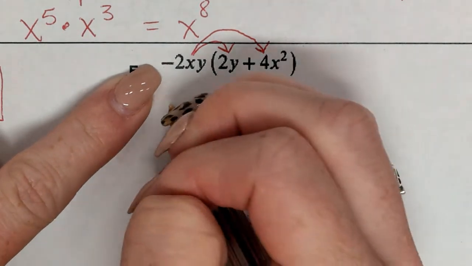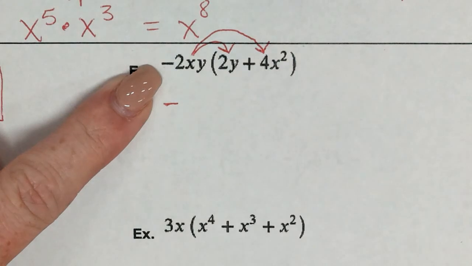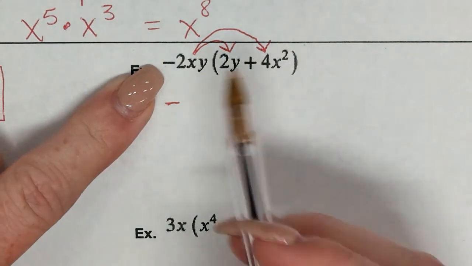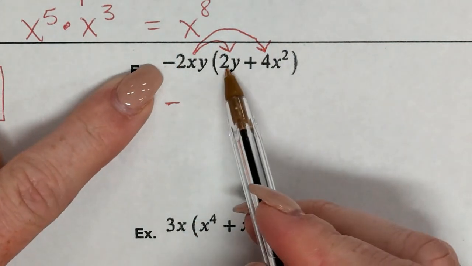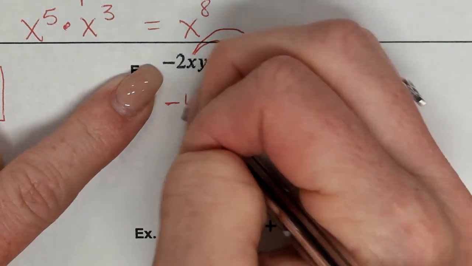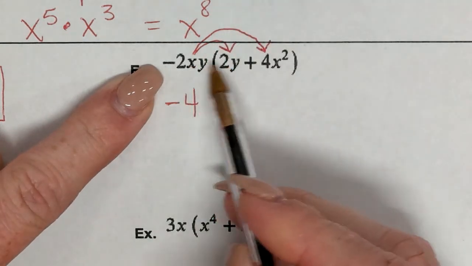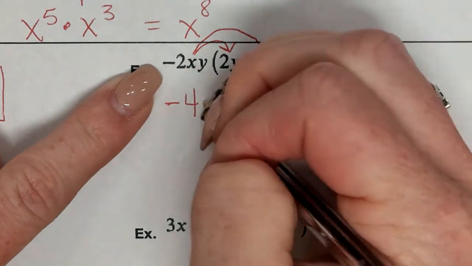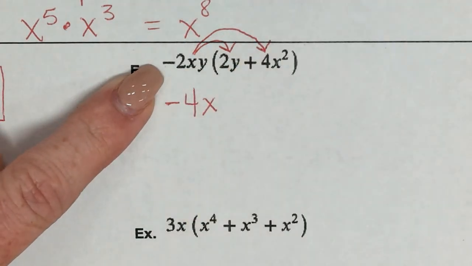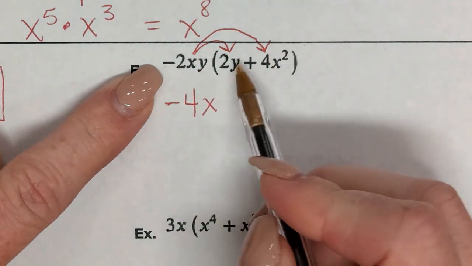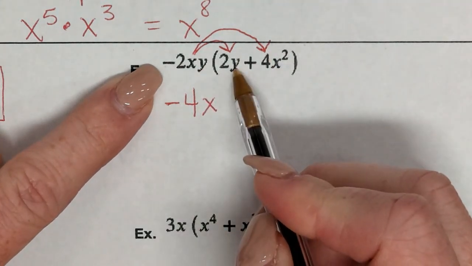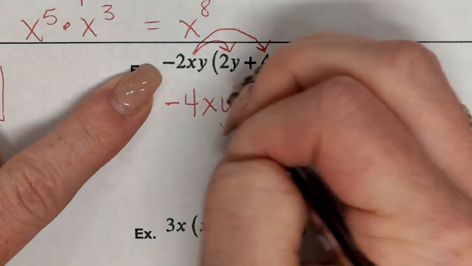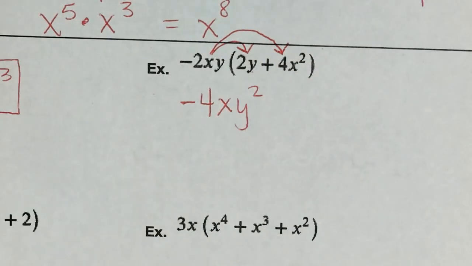A negative sign. Some of you are daydreaming. Okay, what is 2 times 2? 4. Is there anything to multiply the x with? So I just bring my x down. X times 1 basically is x. But I need to multiply y times y. Y squared. And I'm going to show you why this happens.